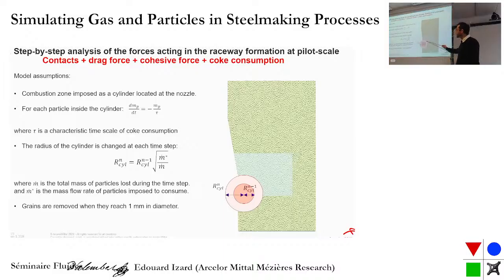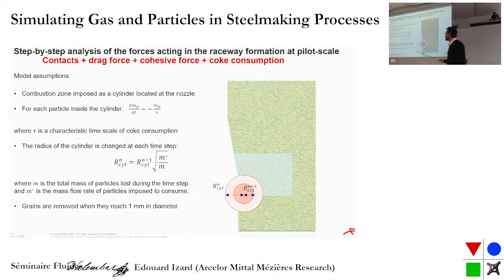The only thing that is matching is a targeted mass flow consumption rate. So it means that if the consumption rate at time t is lower than the one that is prescribed, it will inflate, and the opposite if it's above.